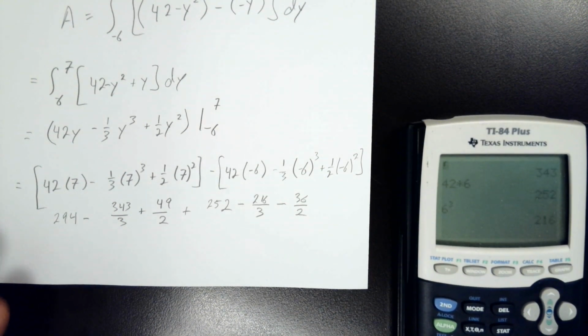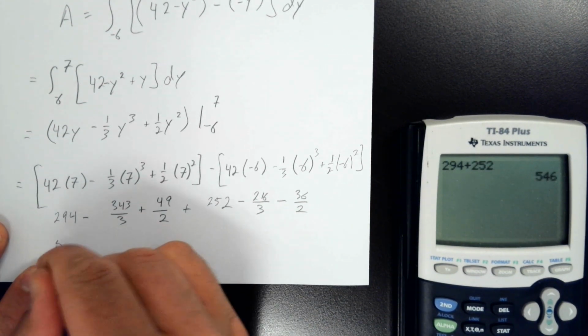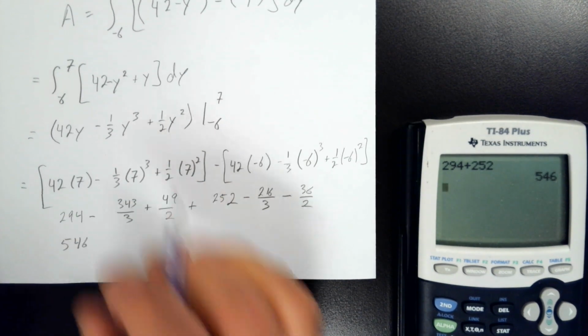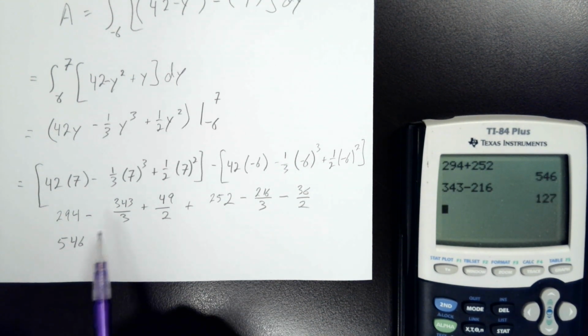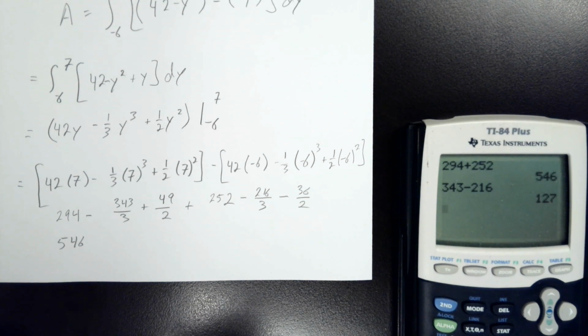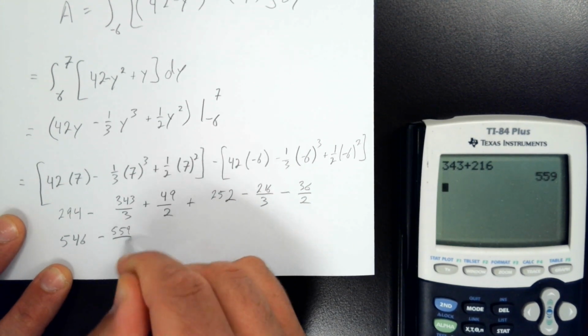Let's see. 294 plus 252 is 546. How many thirds do I have? 343 and 216, I'm going to add those together because they're both subtracted. So 343 plus 216 is 559, so minus 559 over 3.